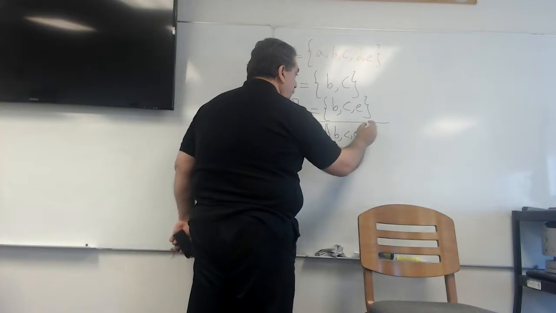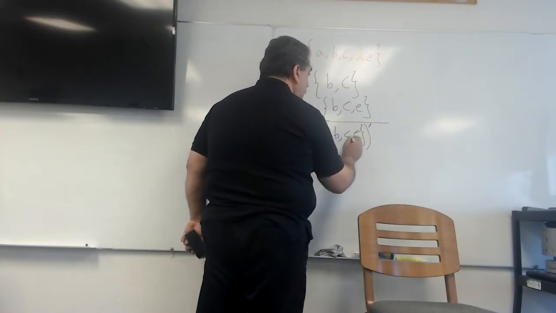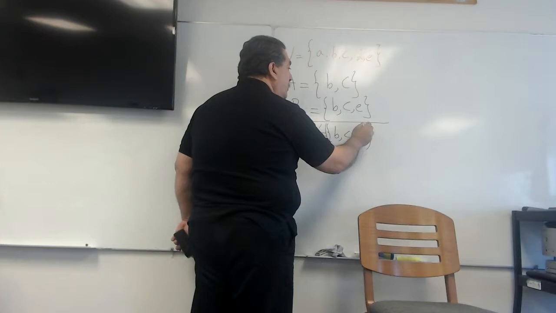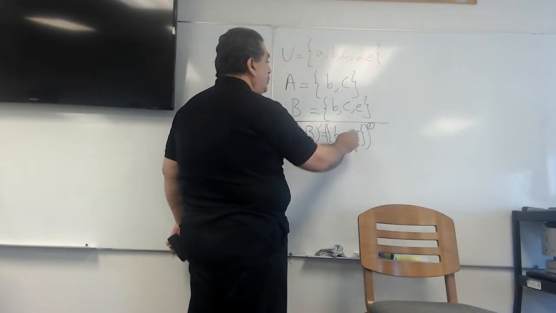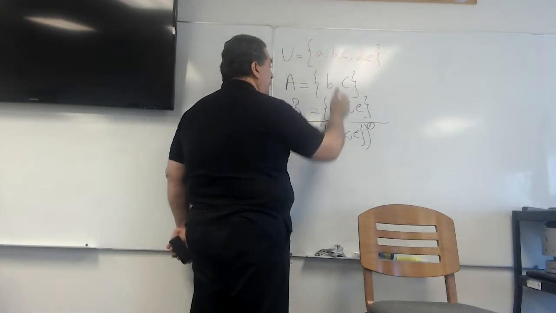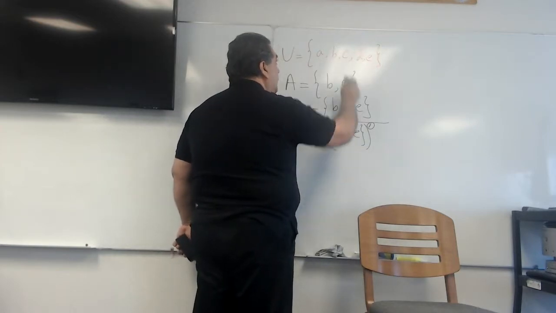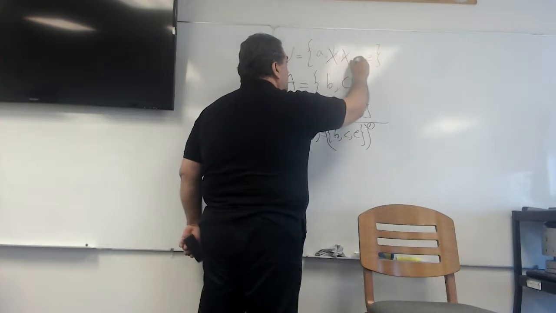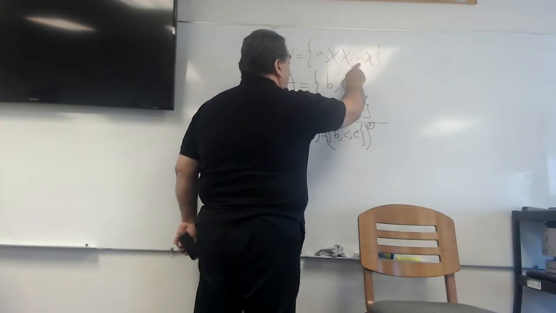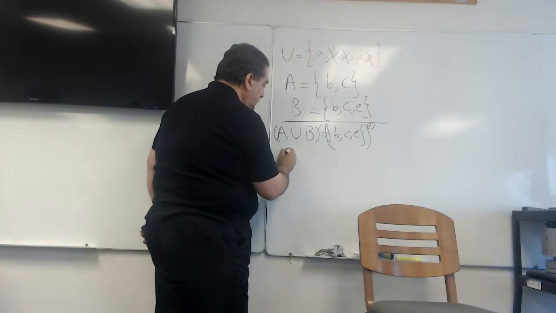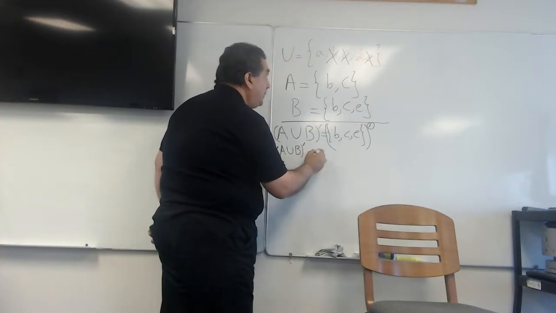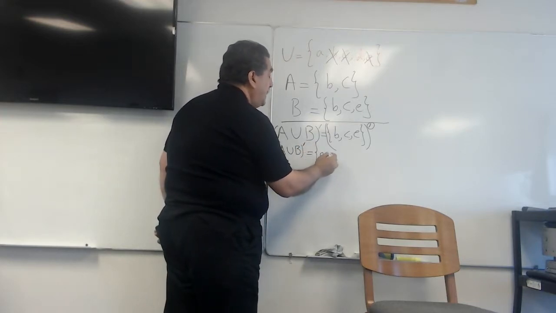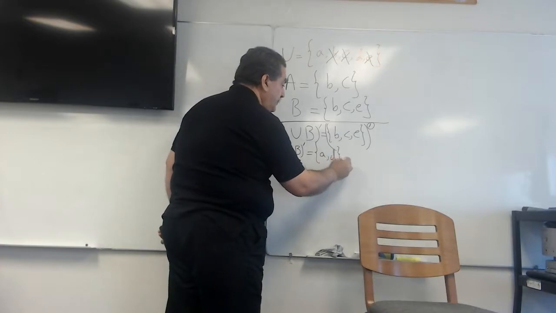But then we want the prime, so we are looking for what's not in this set. You go to your universal set, and you don't want B, C, and E. So it's only A and D. So the answer, the complement of the union of set A and set B, would be the set A and D.